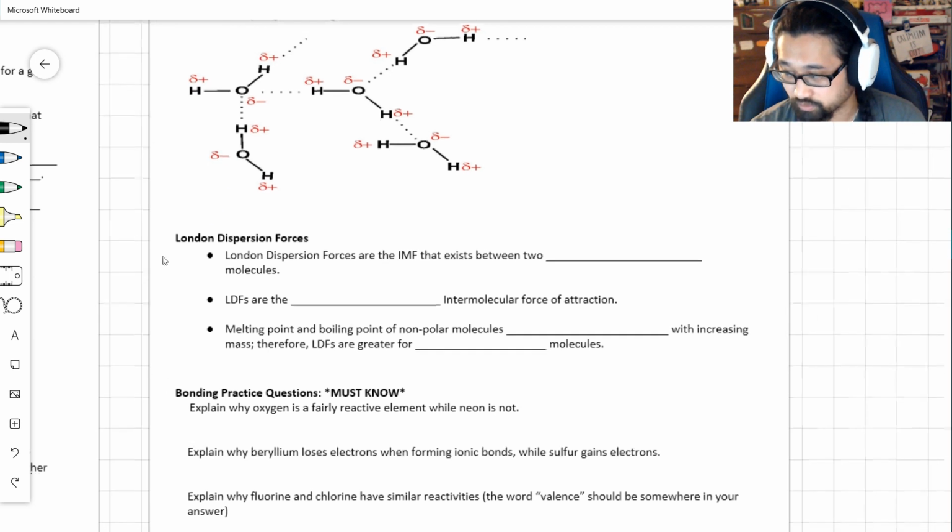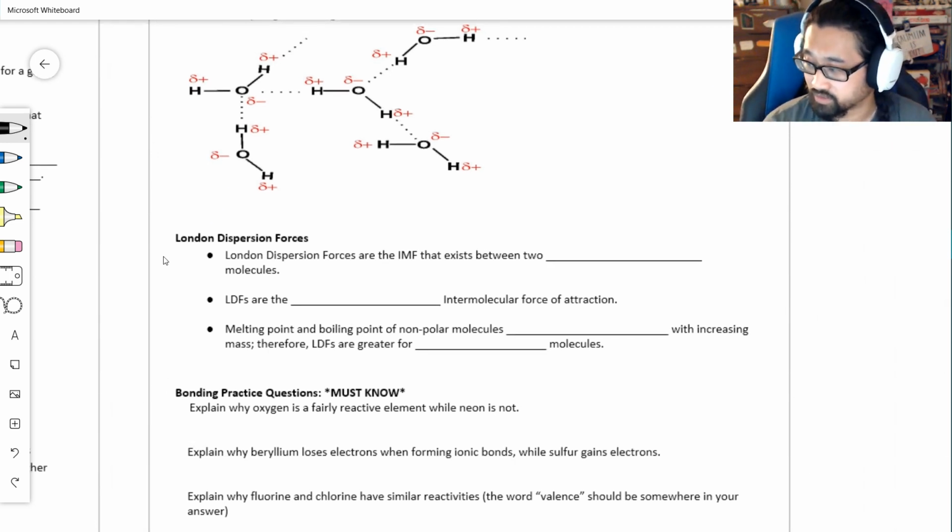London dispersion forces are IMFs that exist between two nonpolar molecules, and because of that, they are weak. LDFs are in fact the weakest IMF.